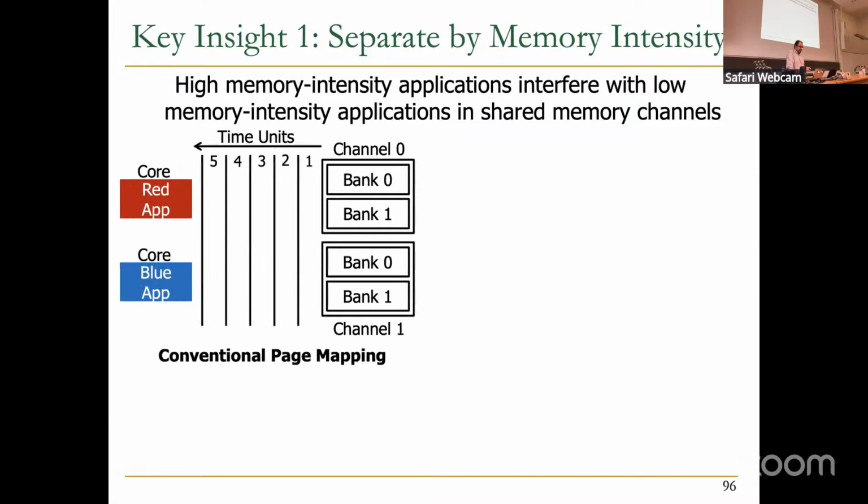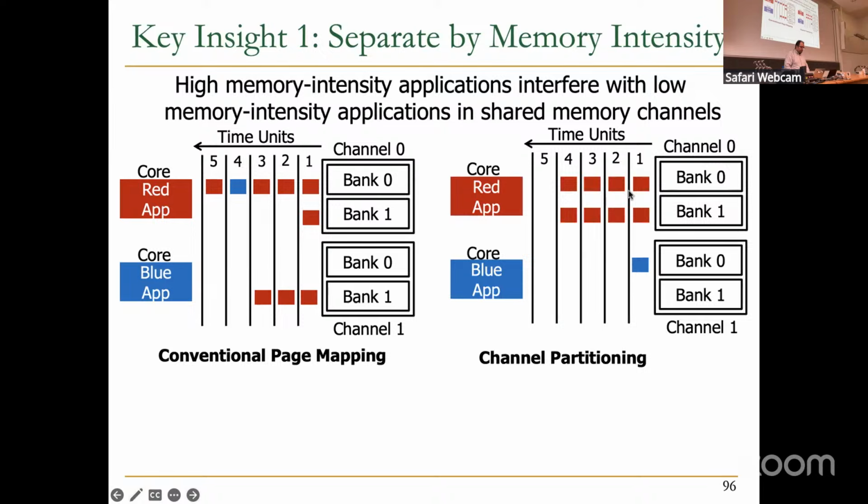So by separating by memory intensity, here you can see again these two applications, red and blue. The red application is generating a lot more requests. And so when the blue application generates some requests, it is quite bad luck. So now this blue application probably needs to wait a lot for the red application to be done.